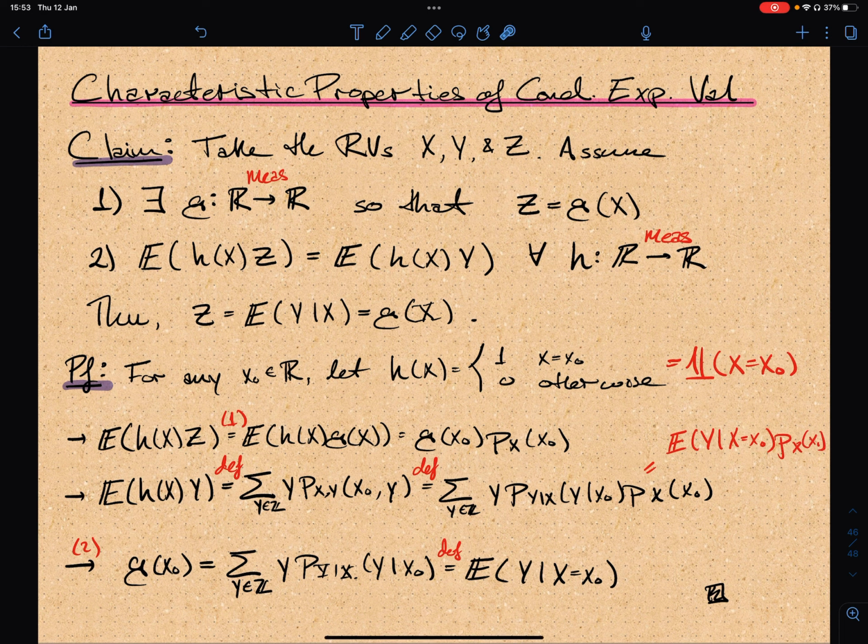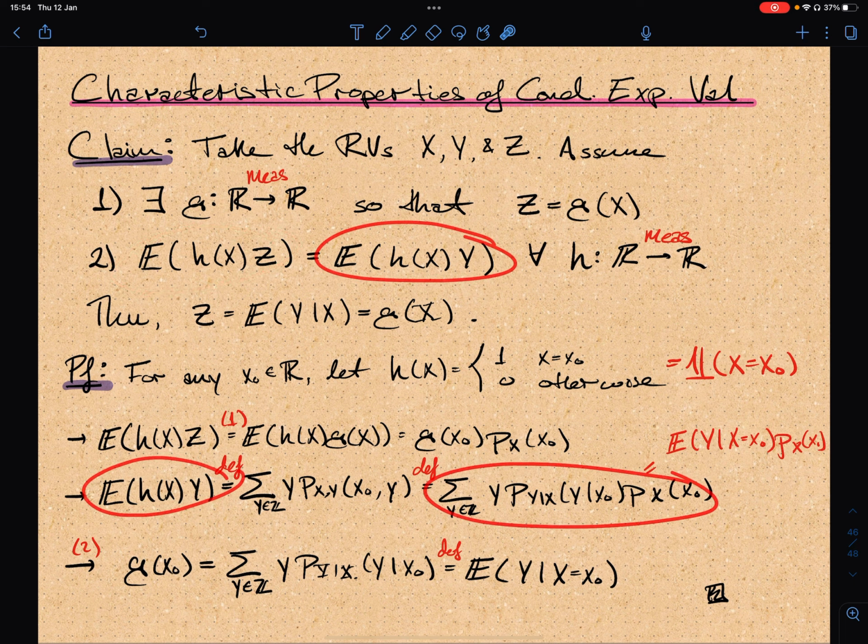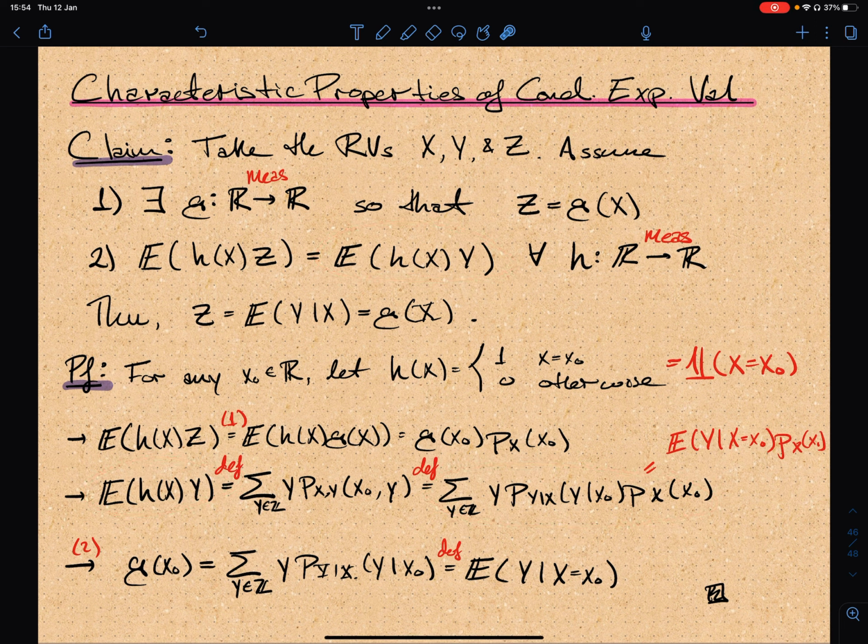So just to recap what's going on, we've computed this left-hand side and it's equal to this, and we computed the right-hand side and it's equal to this. And by the second condition, that means that the left-hand side is equal to the right-hand side.